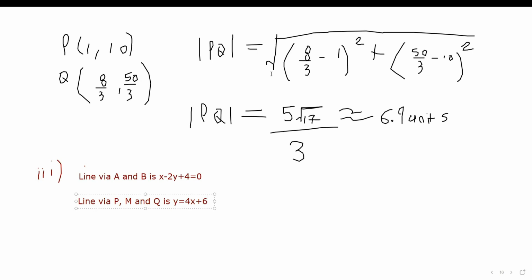So now, Marika, these are the two lines I have. Let's just solve them simultaneously. We can plug this one into that one to say x minus 2 times y, which is 4x plus 6, plus 4 equals 0.